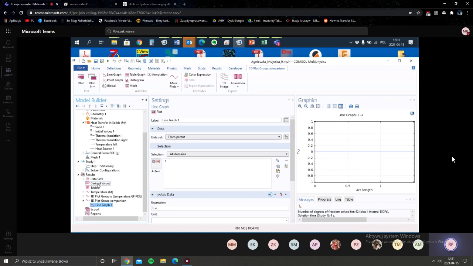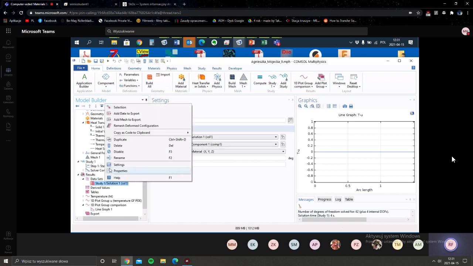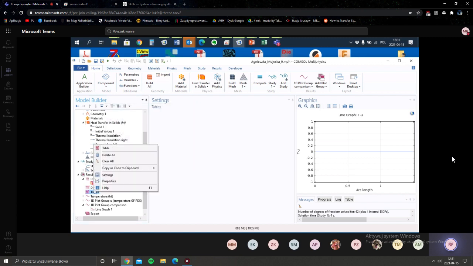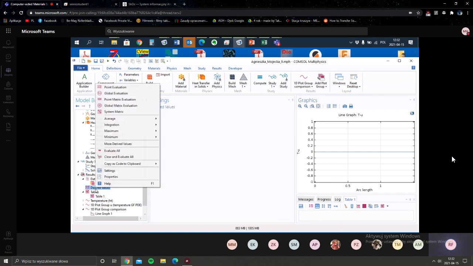I would like to export data, so data sets. Let us create a table, probably will be better. And presentation format, model, column, header. I would like to export the results in the form of a table. So probably this one is better.